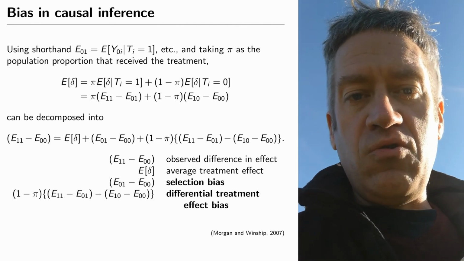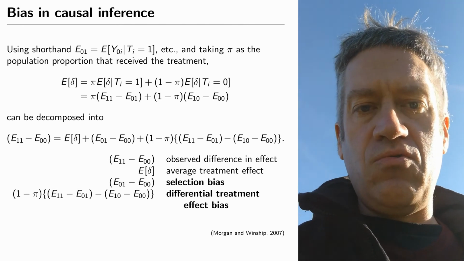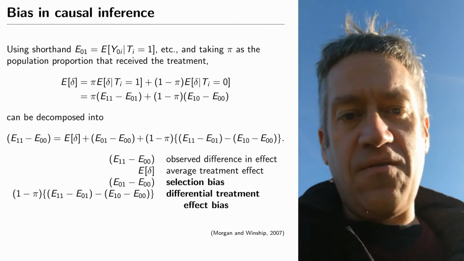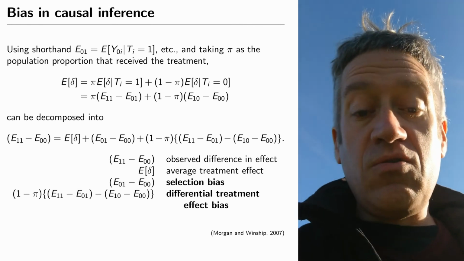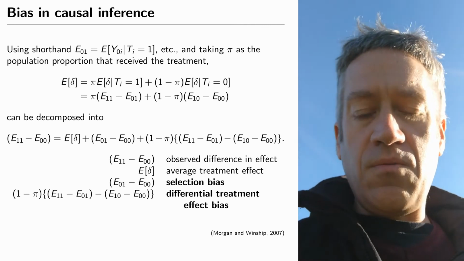Whereas maybe people who do not have a college degree are also the kind of people who are less able to leverage having a college degree, like negotiate a new salary or apply for other jobs and so forth. So the effect of having a college degree would also differ between those two groups.